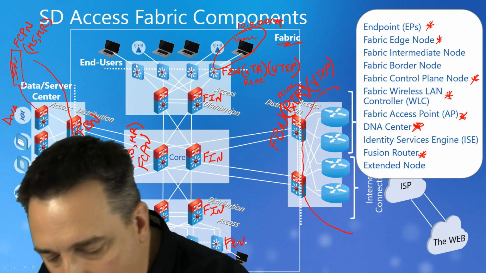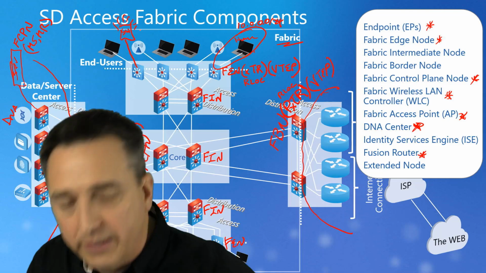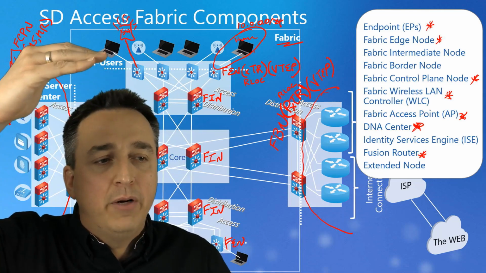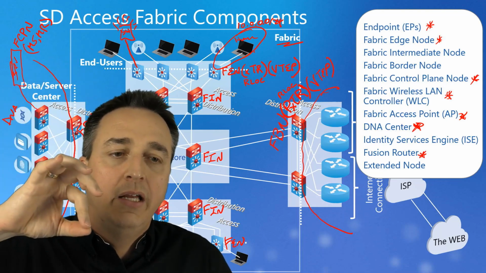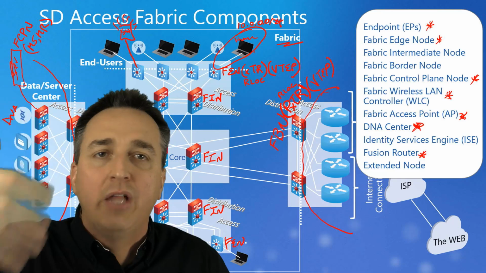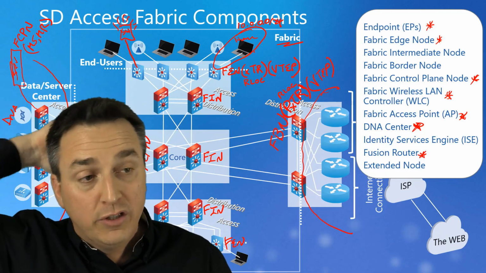So let's say, for example, we had a switch connected here and you have users connected to this switch. We have extended the fabric, but the problem is that switch might not actually be a fabric enabled switch. So it's a non-fabric layer 2 access switch as an example, and we've connected a bunch of devices to it.